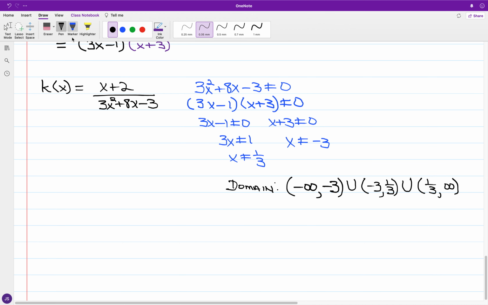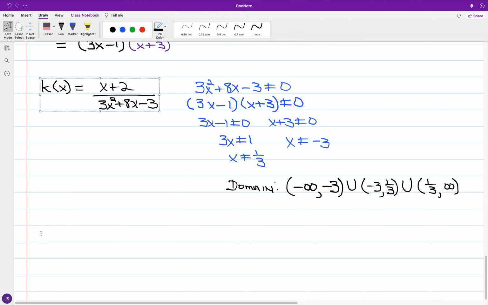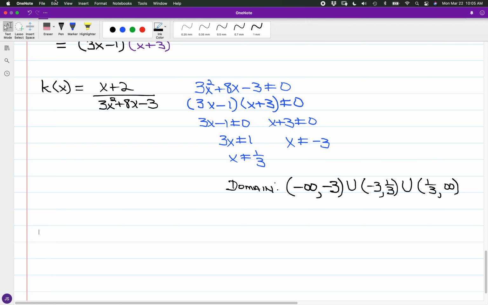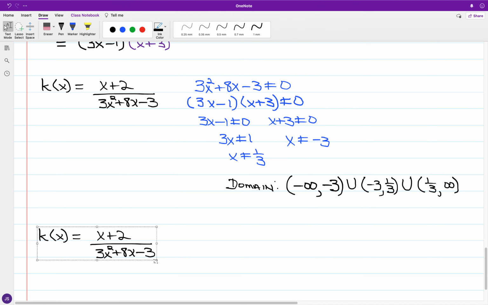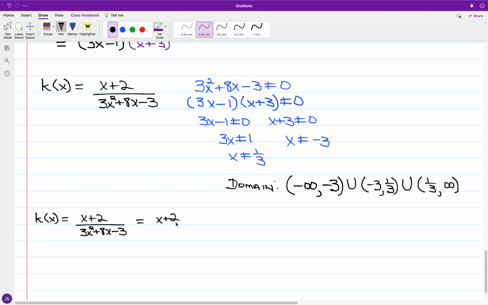And looking at what we have regarding the vertical asymptotes. We have x plus 2. Again, for the factored form in the denominator, you have 3x minus 1 times the quantity of x plus 3.